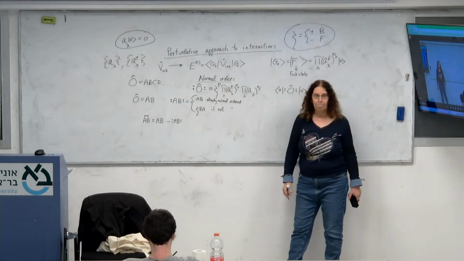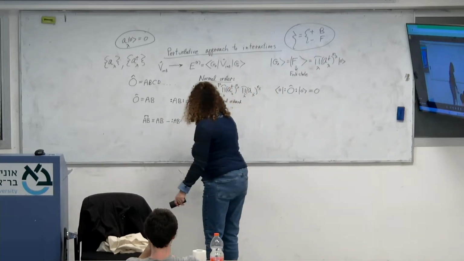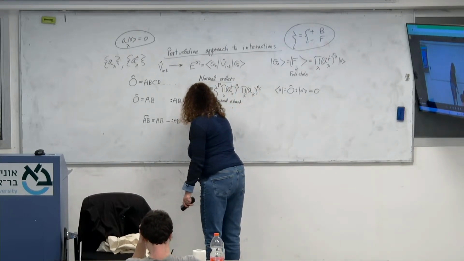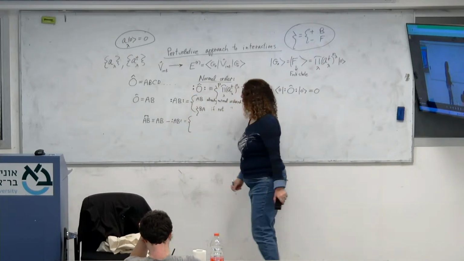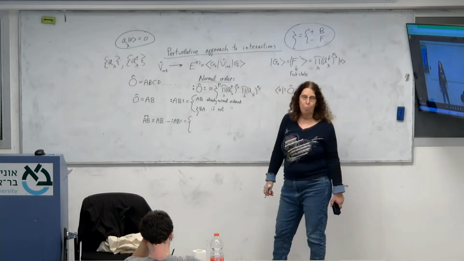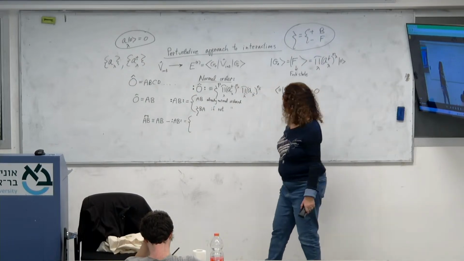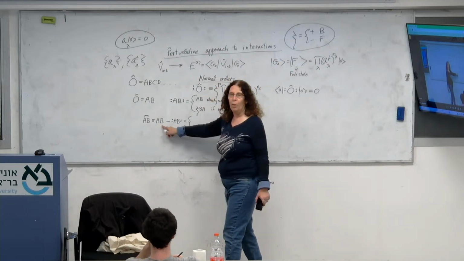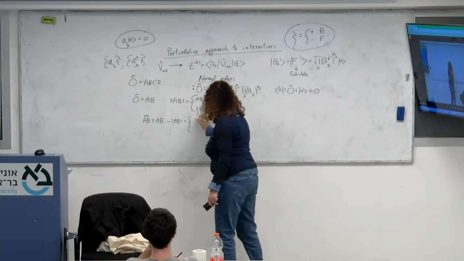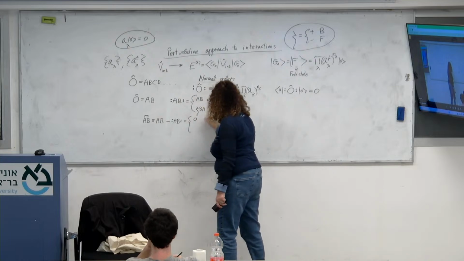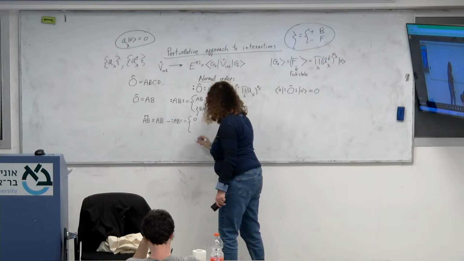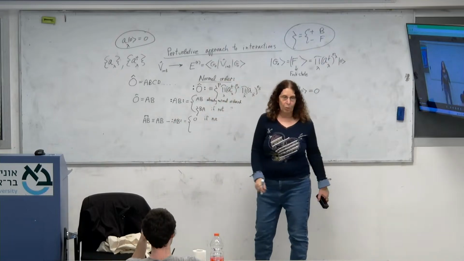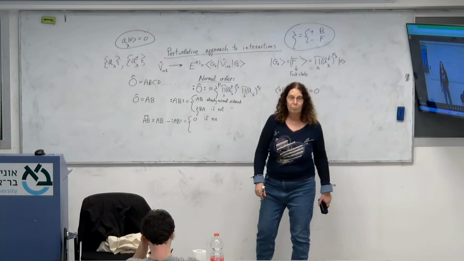Okay? Now what is it? Again, there are two possibilities. If AB is already normal order, you get 0. What if you don't have a normal order?